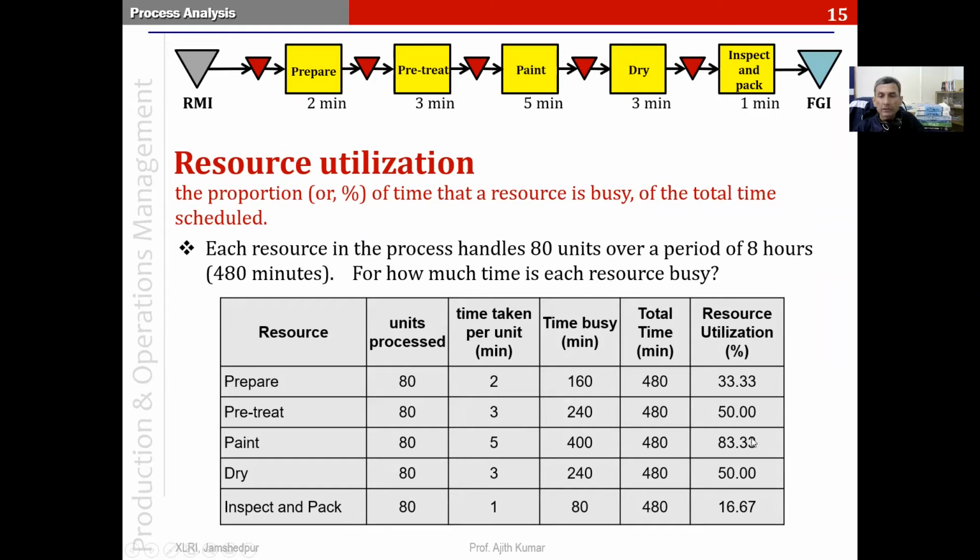By the same logic, we can see that the paint resource has a utilization of 83.33%, the dry resource 50%, and the inspect and pack resource 16.67%. So different resources in the process are utilized to different extents. Their utilization is not exactly equal.